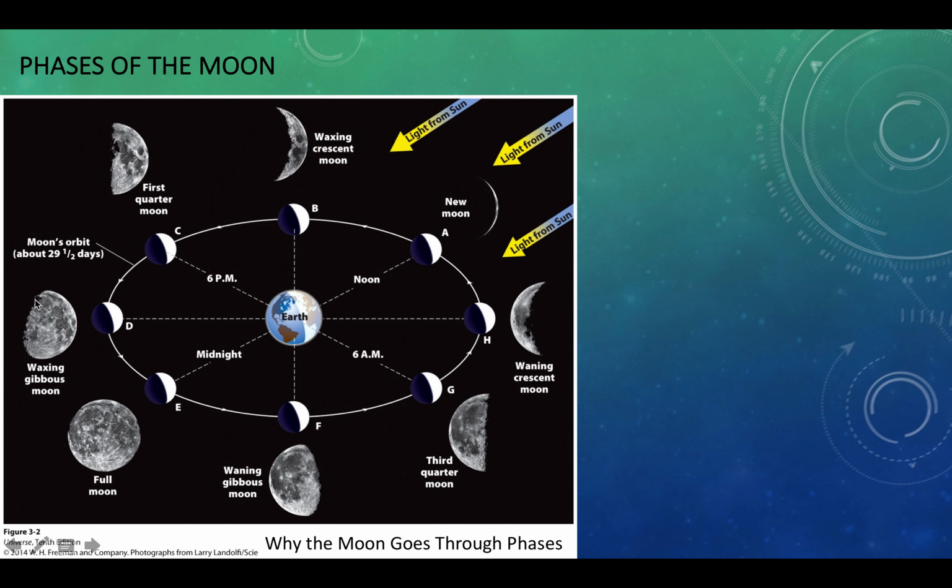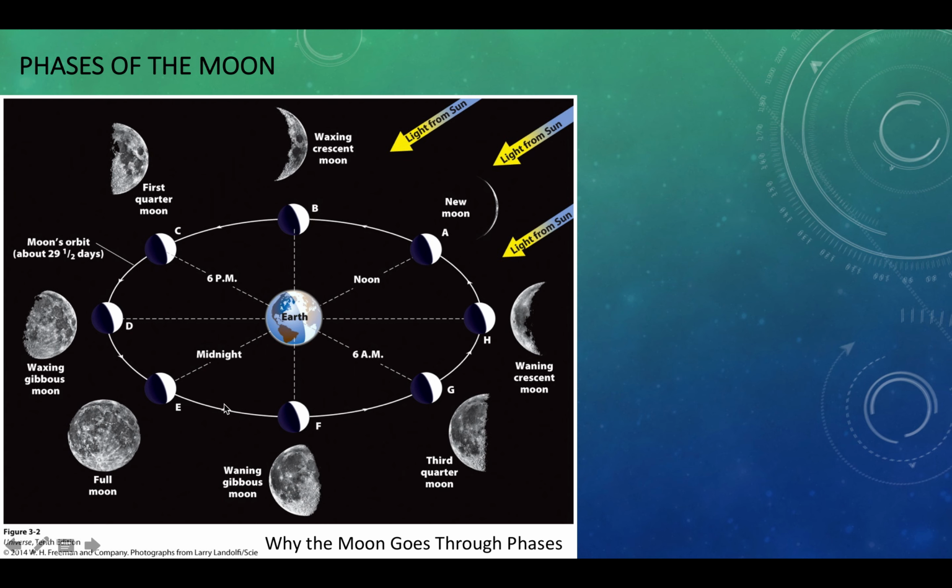Wait longer, same thing applies, and eventually when it gets to this point E, the Earth here is between the sun and the moon. Someone standing here looking at the moon will be able to see half of the moon, because half of the moon is lit, and that part which is lit is also directed towards the Earth, so you would see a full moon.